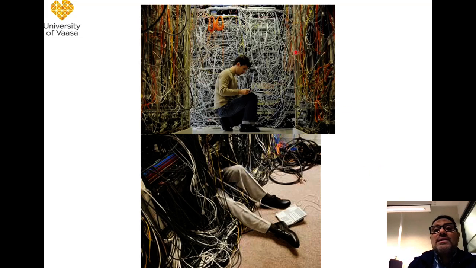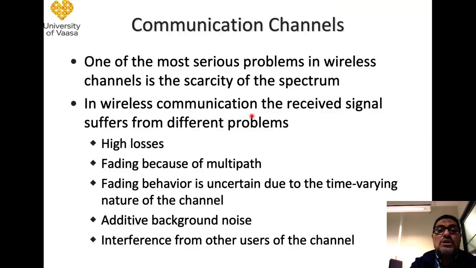Here you can see a funny picture about wireline connections and how messy it is. It is really difficult to maintain and to follow. So wireless communication will be a solution for many applications in the near future.